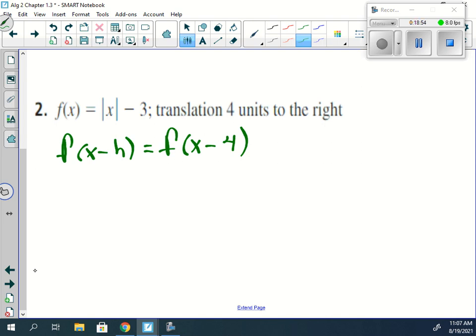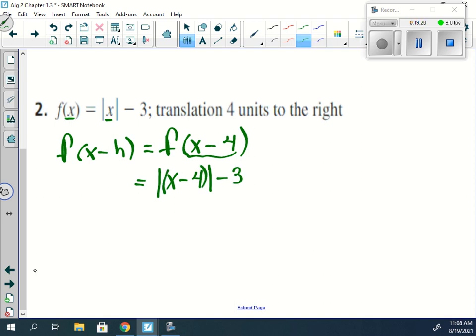Positive 4, but when it's inside the parentheses, it looks negative. And again, just like we did before, since we don't have f of x anymore, we have f of x minus 4. We're replacing this x and every x inside the function with x minus 4.